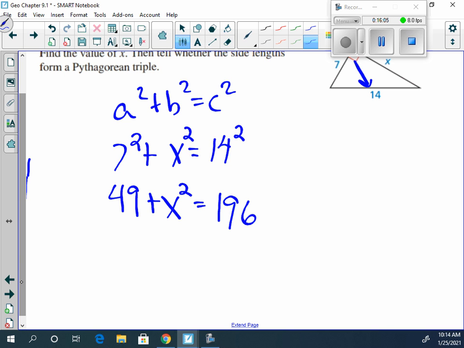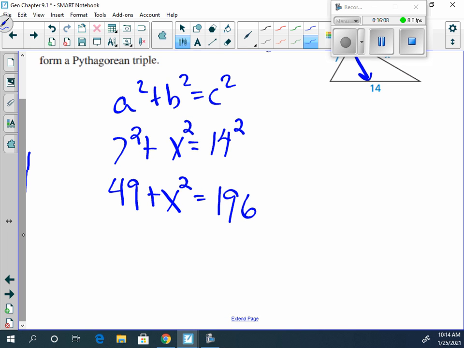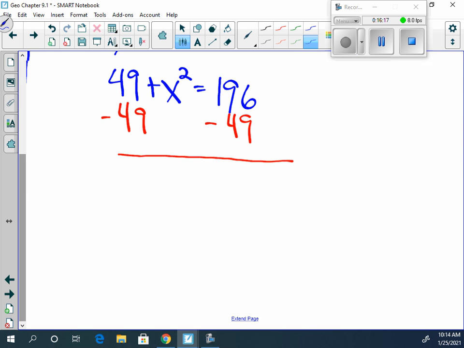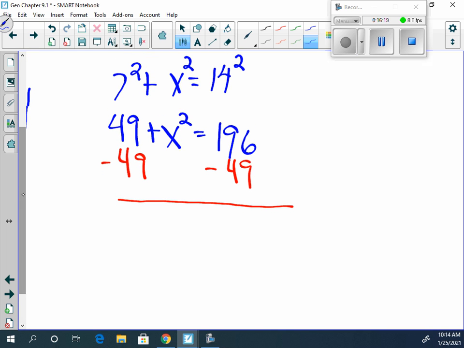Okay. Sounds good. Now, what do we need to do next? We need to minus 49 from both sides. 147. And then last but not least, we would square root both sides.